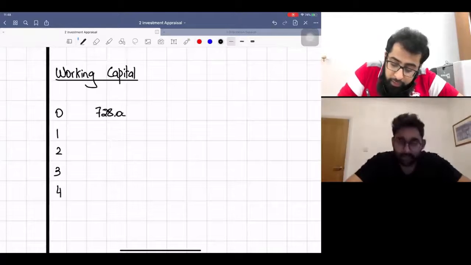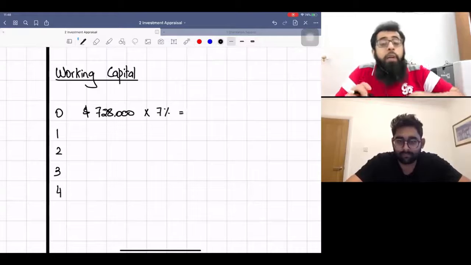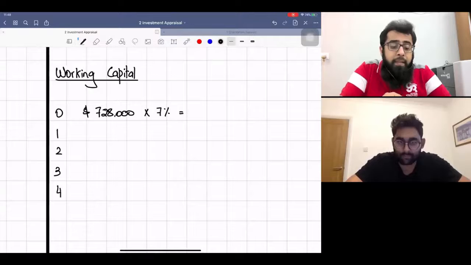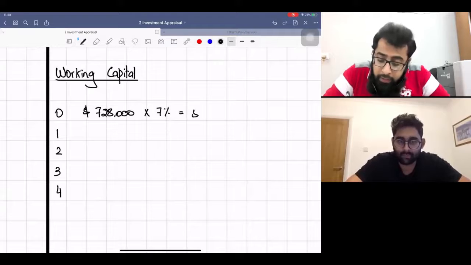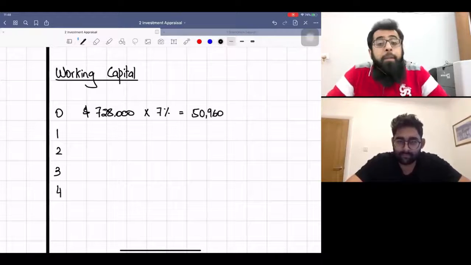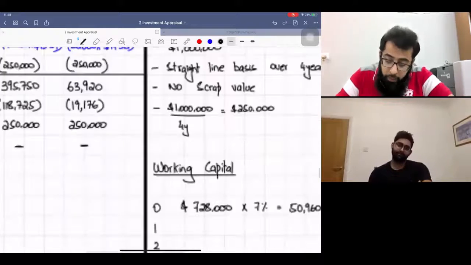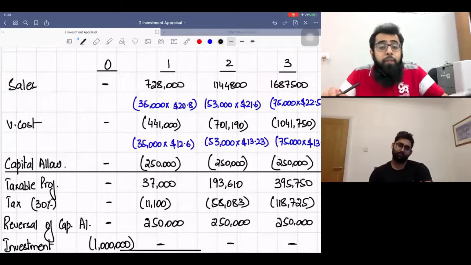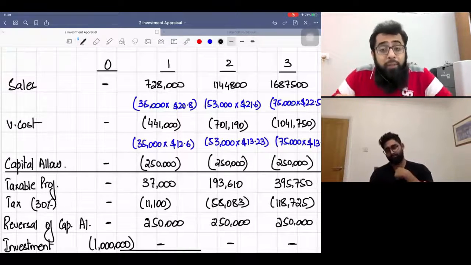If you look at it carefully, I picked up year 1 sale, and on the basis of which I will invest working capital at year 0, because we need working capital investment at the start of the year.